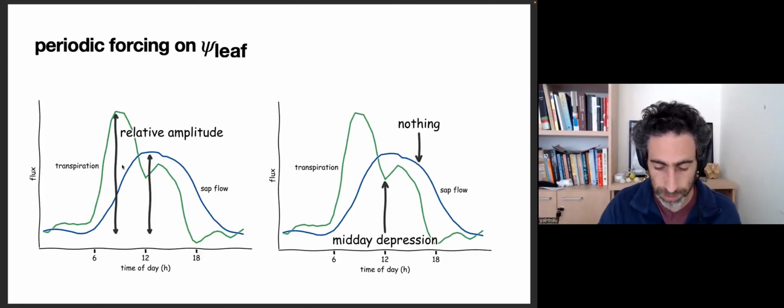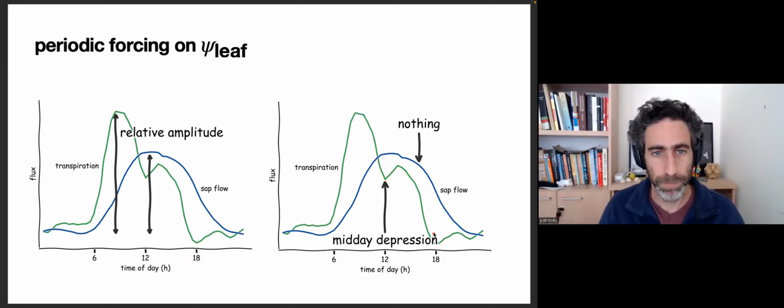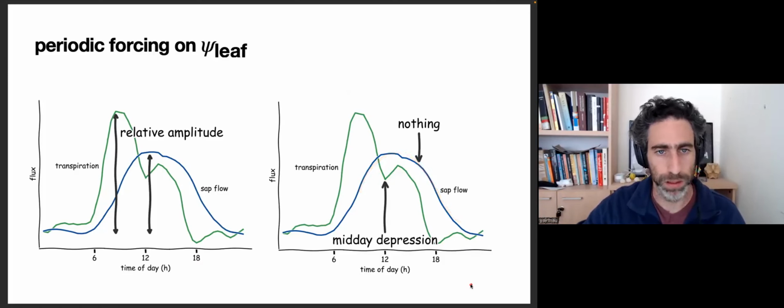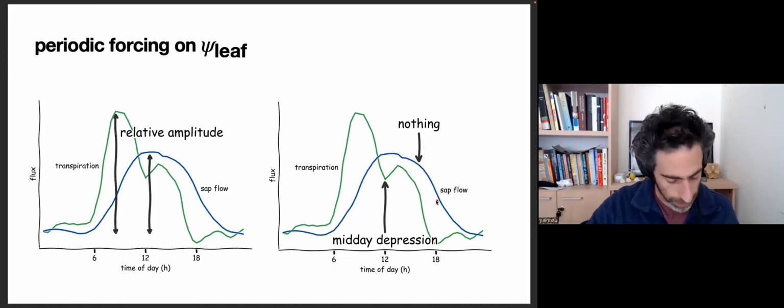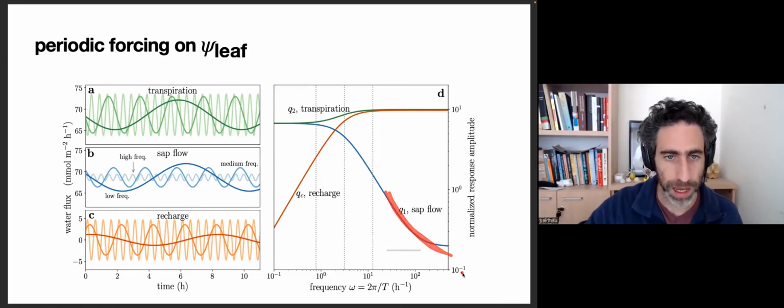Not only that, we talked about the midday depression, this feature that in the middle of the day you might find a dip in the transpiration, but the signal of the sap flow is much smoother. Why? Because, as we see here, the sap flow filters out high frequencies.